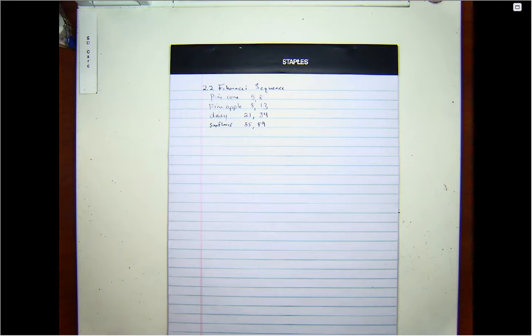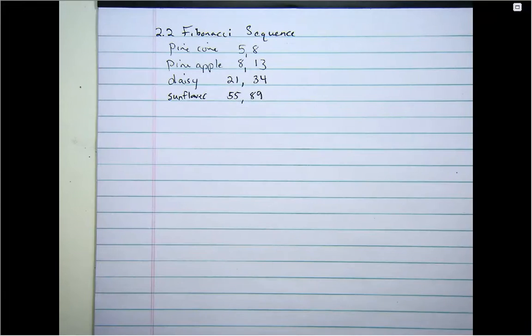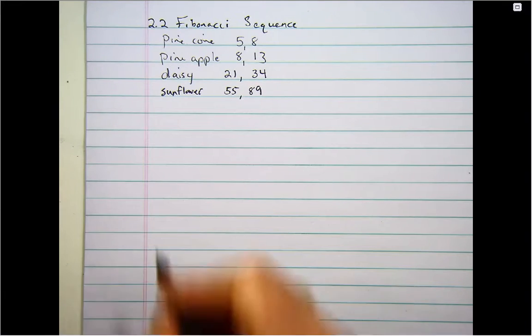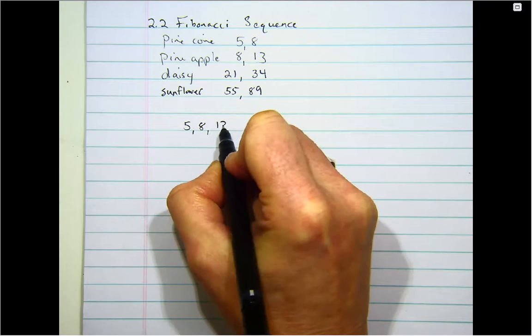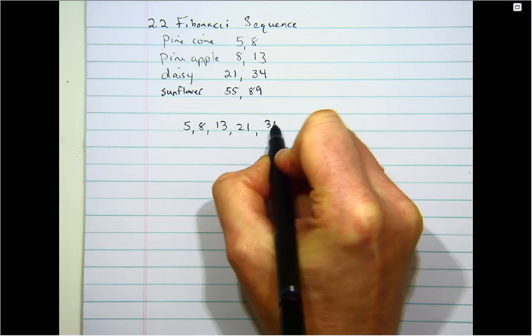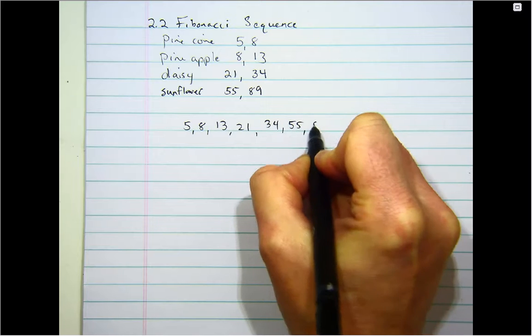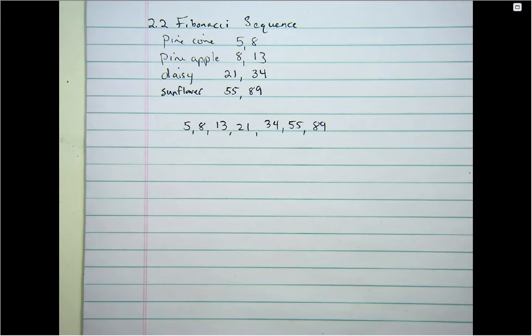So we have all these numbers of spirals on this foliage. Let's go ahead and write them in order: 5, 8, 13, 21, 34, 55, 89.